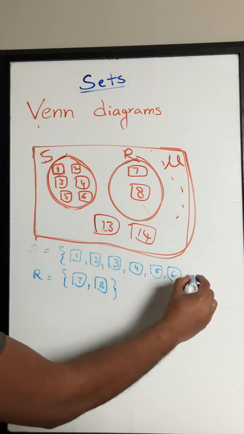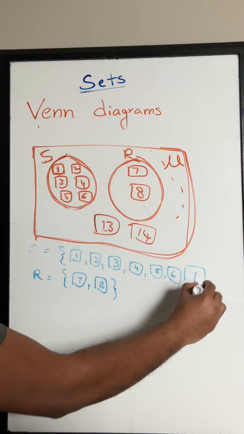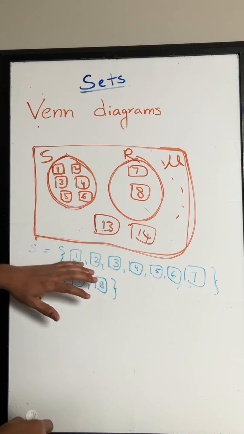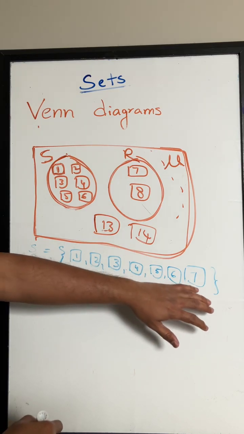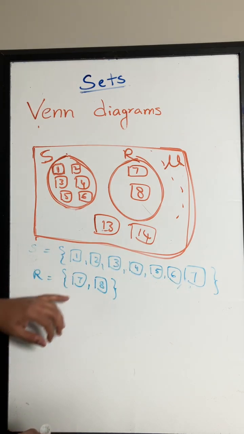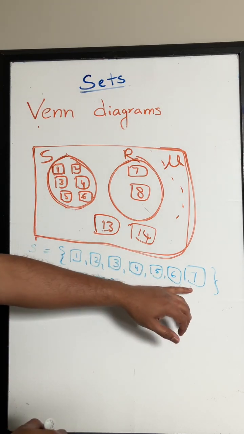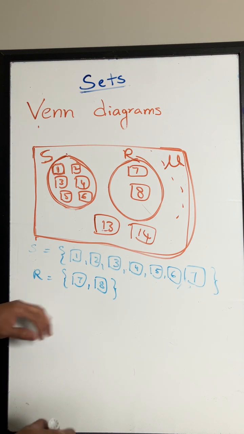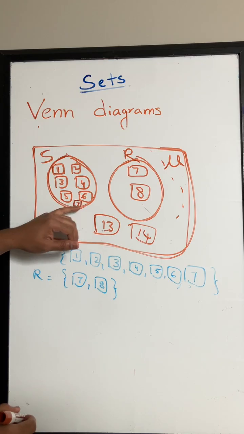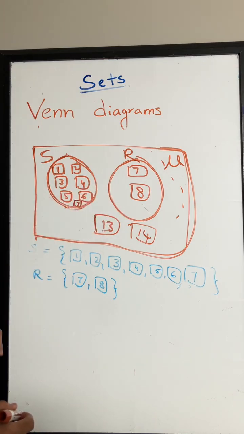My collection now has 7 added to my list. So now I am holding 1 2 3 4 5 6 7, seven different stamps. 7 is common in both mine and Ranga's. So how will I do it in pictorial form? If I want to put it in here, I have to draw 7. There is a 7 here, there is a 7 here.